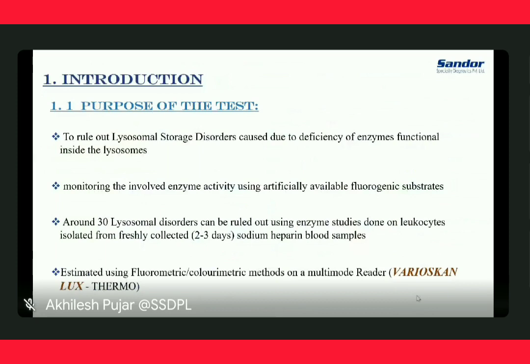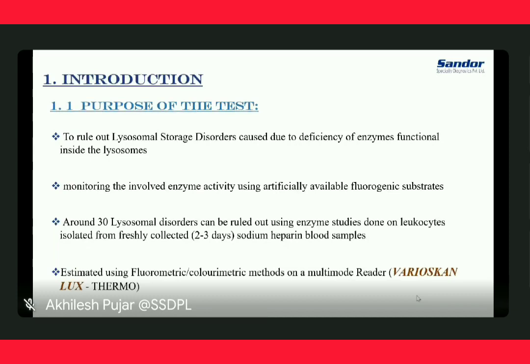As the name suggests, the disorder is related to something happening inside the lysosomes, and these are storage disorders because there is something that is getting stored a lot more than normal, and that is why we call them lysosomal storage disorders.